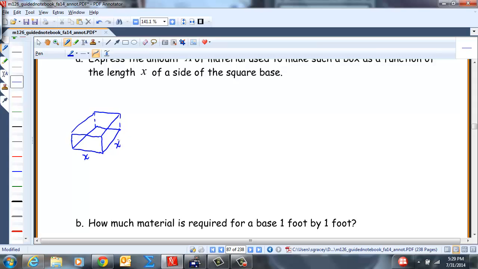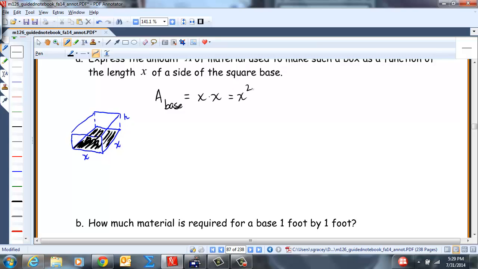And then you've got this height of the box going up. So you end up with sort of a surface area problem. So you have this region here of the box, this bottom part. The area of this part of the box is going to be what? So area of the base of the box is going to be x times x, which is x squared.